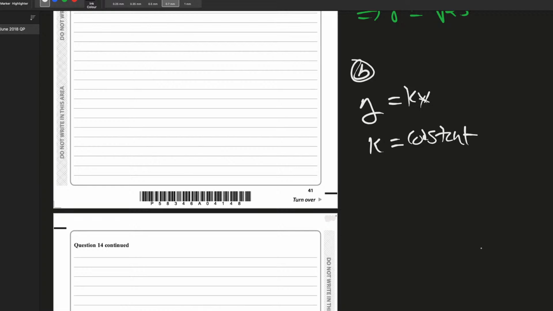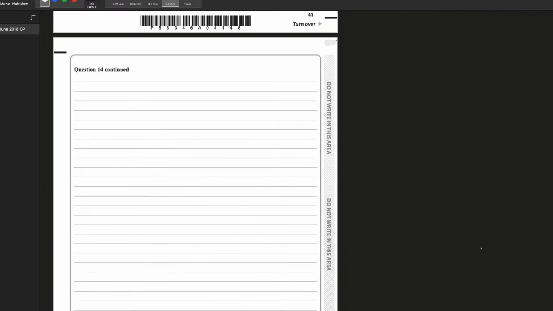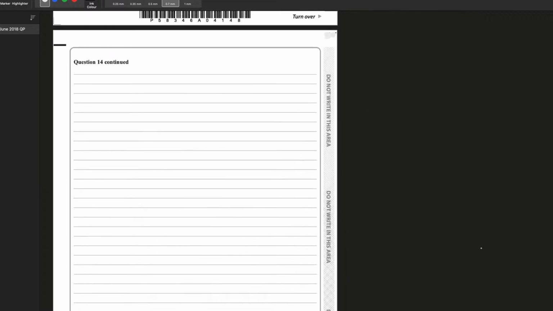Find the range of values of k. Okay, so that is how it is. So that's B. So let's see the B.